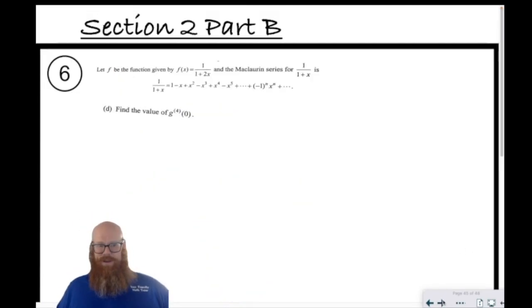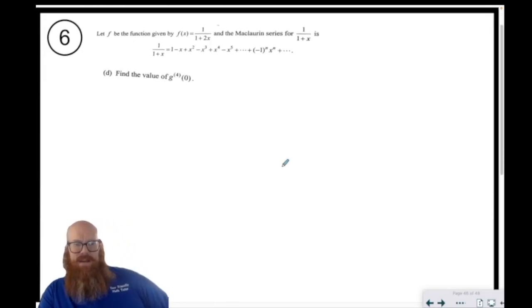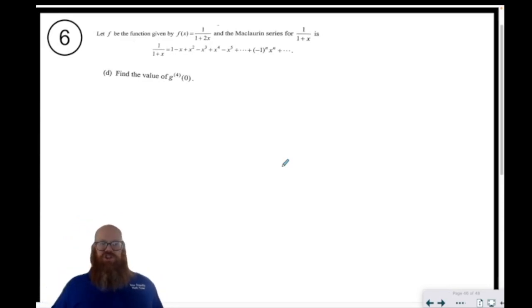All right, we're getting to the end here. We've got 2 more parts. Now I want to find the fourth derivative of g at 0. So with g, we want to think about what g is. I'm going to rewrite what it was from before: x minus x squared plus 4/3 x cubed.